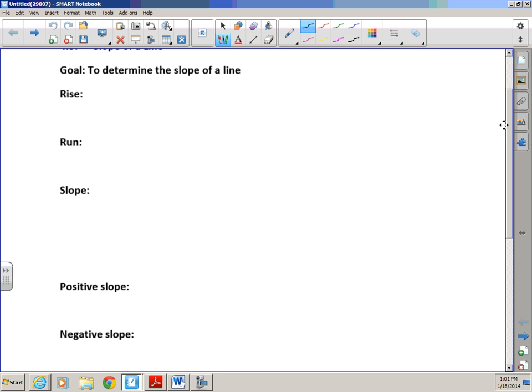Okay? Now, there are some buzzwords that are used that will help us to understand the slope besides just trying to remember formulas. Two words that we're going to use are rise and run. Rise is the vertical change between 2 points on a line.